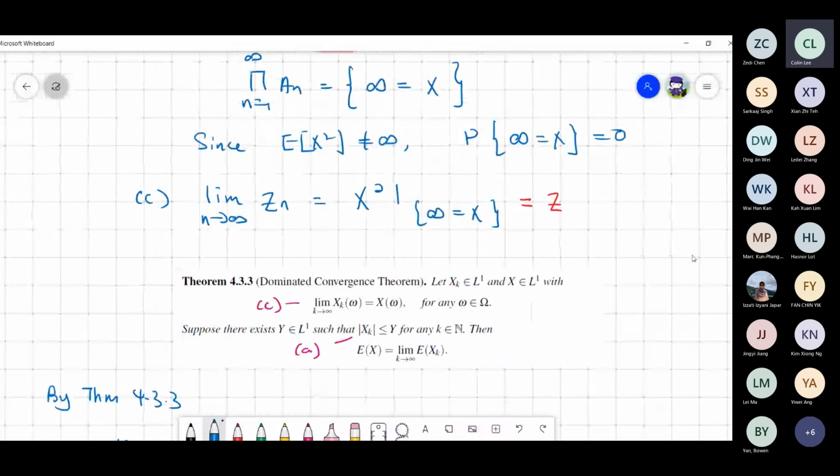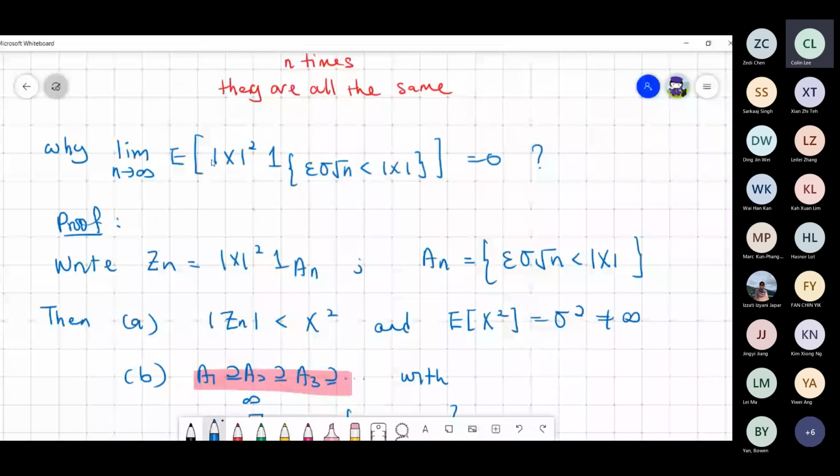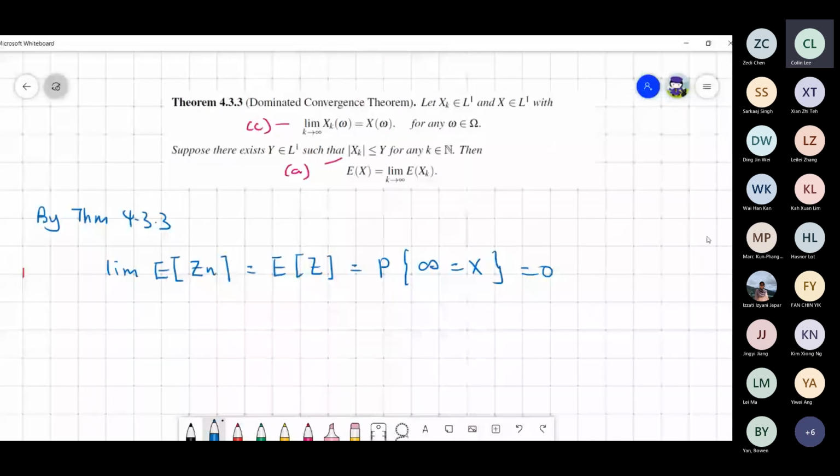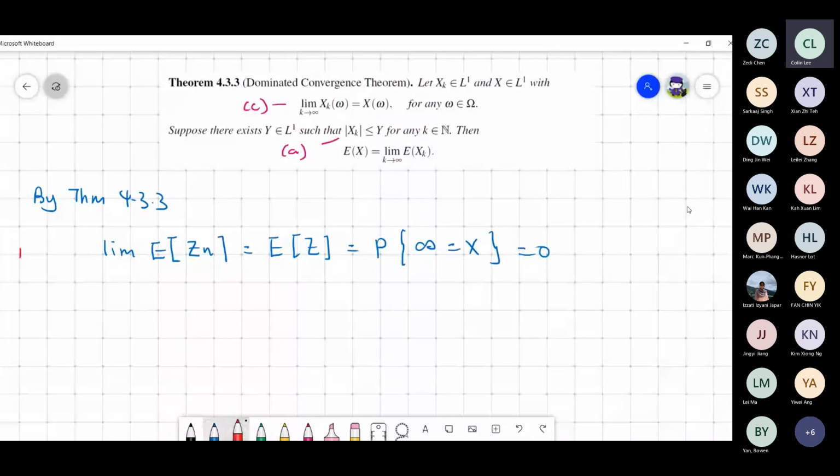So if we come back to here, this thing is actually our Z_n. We substitute it inside, so this one explained, and this is how we can get it. We substitute everything back to Z_n.